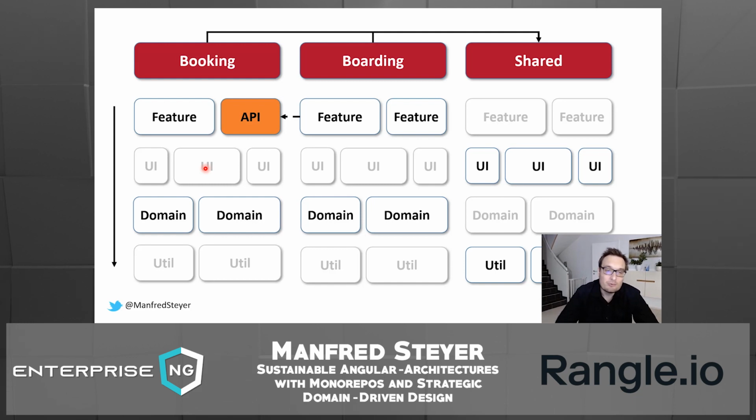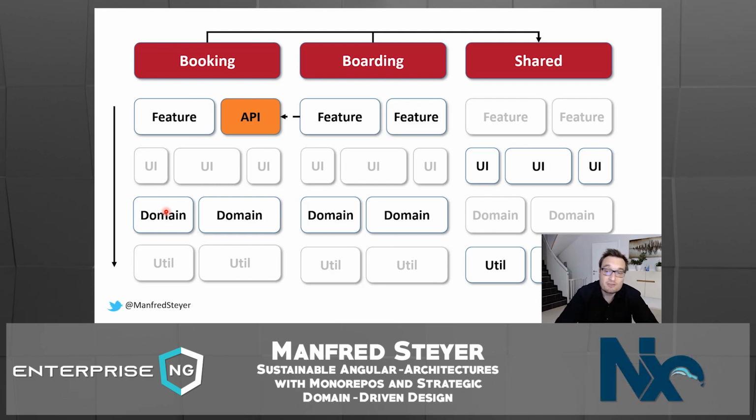Normally, you only have feature libraries and domain libraries in the real domains, and you have reusable UI libraries and utility libraries in shared. Of course, there are exceptions to each and every rule. Let's say you have a UI library you only need for boarding, then you would put it into boarding to prevent this highly coupled situation.